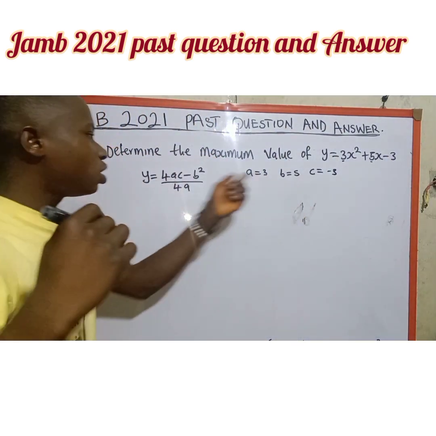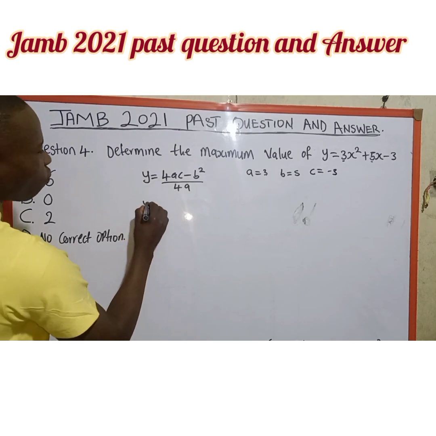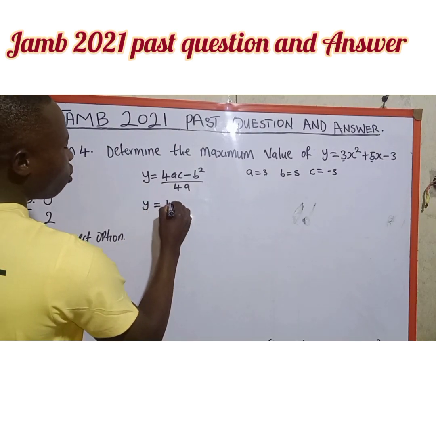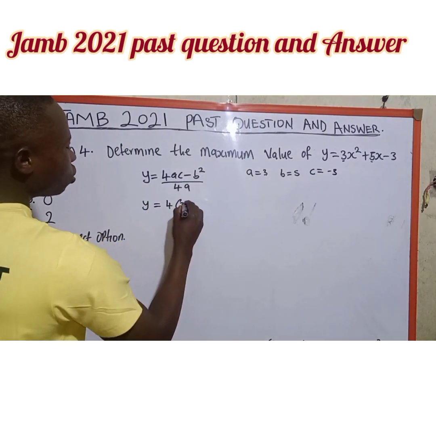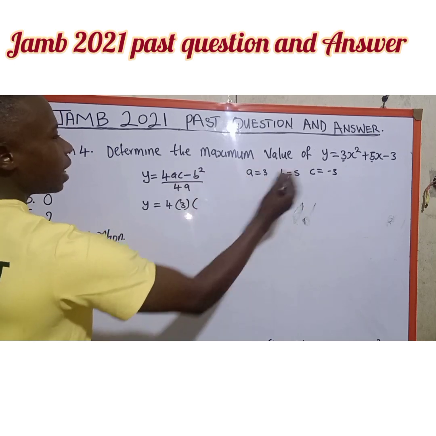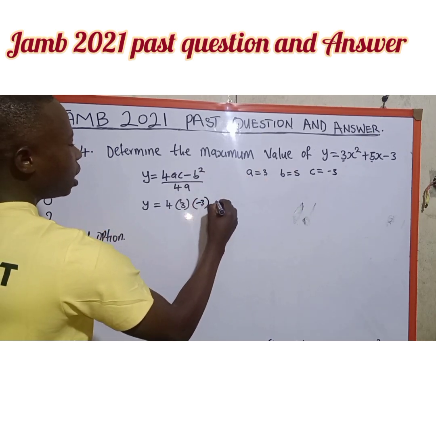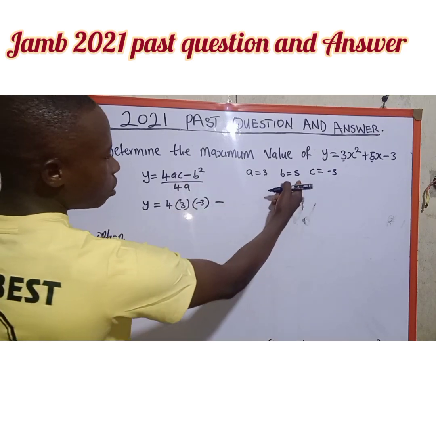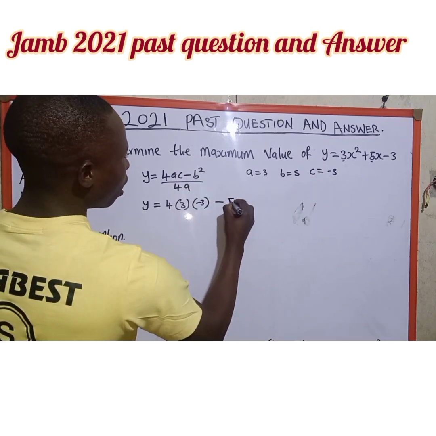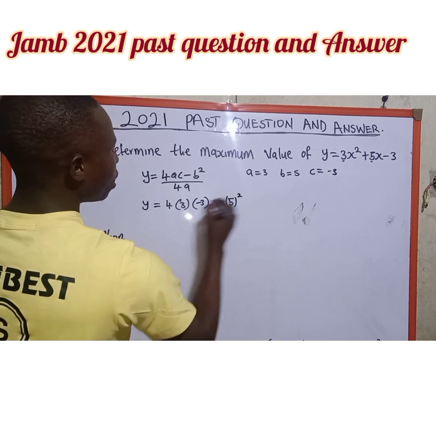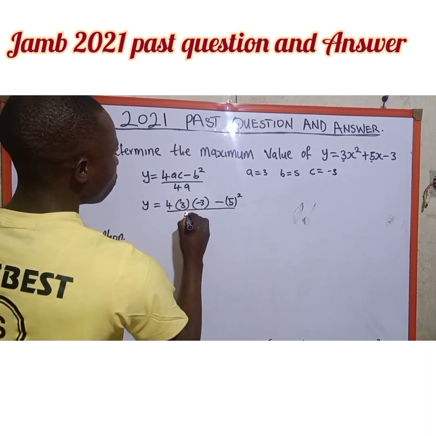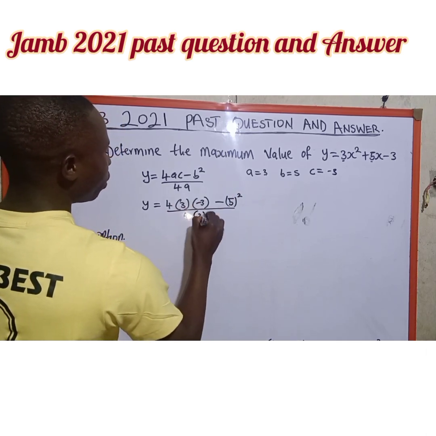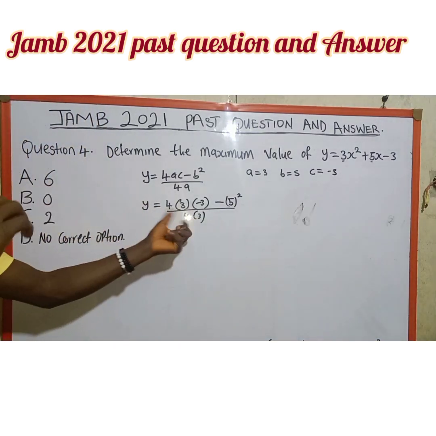So let's substitute this into the formula. So we are going to have y will be equal to 4 multiplied by, in place of a is going to be 3, then multiplied by c, which is negative 3, then minus b squared, and my b is 5, so we are going to have 5 squared, then over 4 multiplied by a, which is 3. So we have successfully substituted into this formula.